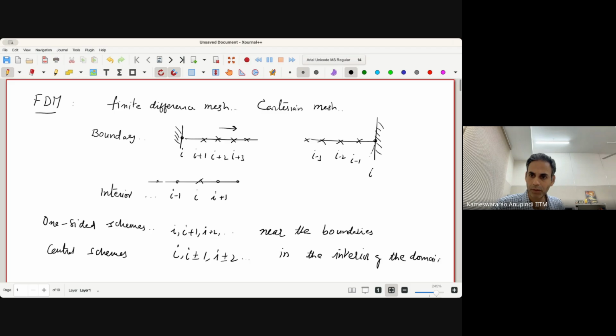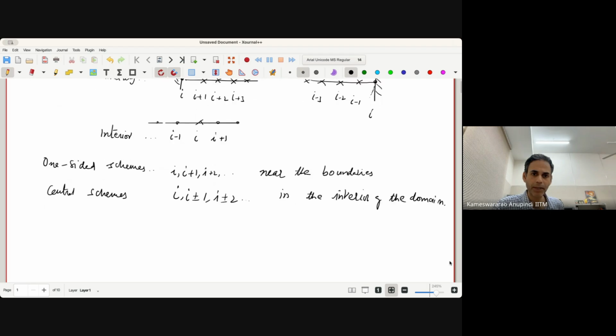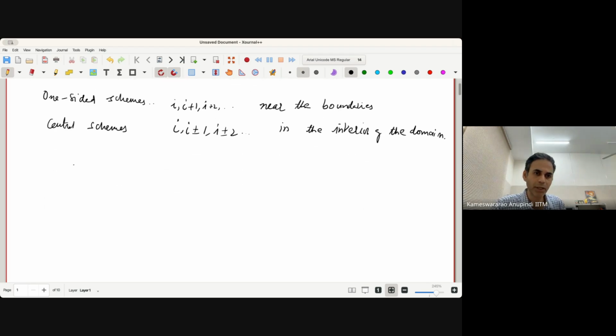Okay. Now, yesterday we just started deriving the formulae. So we said if you want to calculate partial u by partial x at any point I, we could get this using Taylor series expansion.